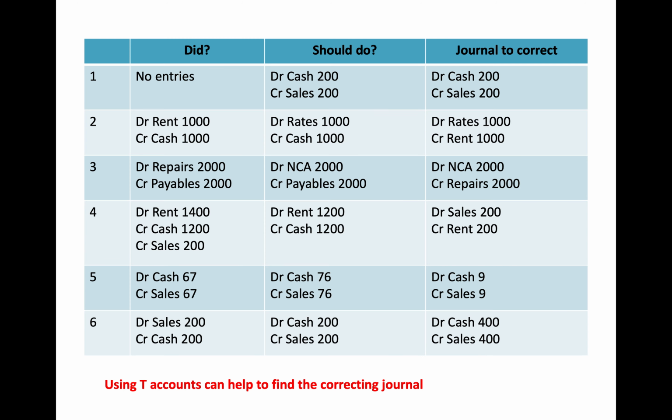What they did, debit repairs and credit payables. What they should have done, they should have debited the non-current assets instead, and therefore to correct this entry we need to reverse the repairs posting by crediting repairs and debiting your non-current assets by 2000.